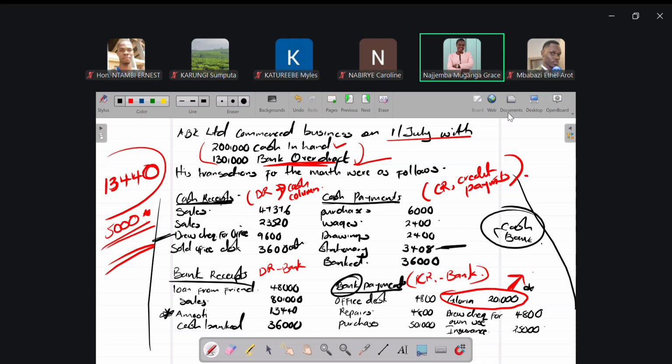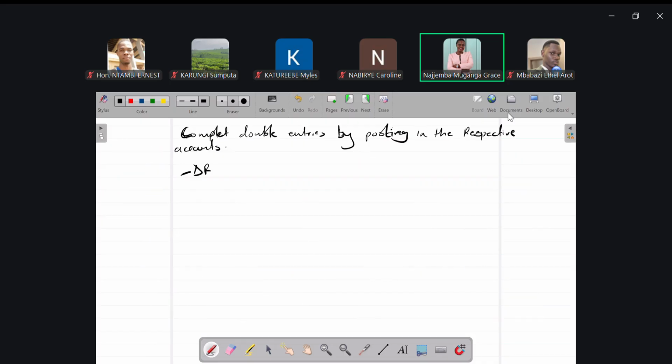Because we were only asked for the cash book, which has both the cash column and the bank column, we were only posting the entries that affect cash or bank. But there is that other silent account that we're not posting. Assuming this question continues and part B requires you to complete the double entries in the respective accounts, how would you do it? You would go back to the question.